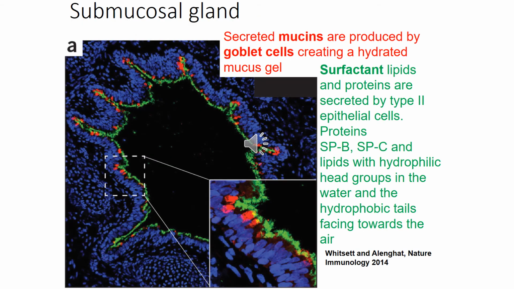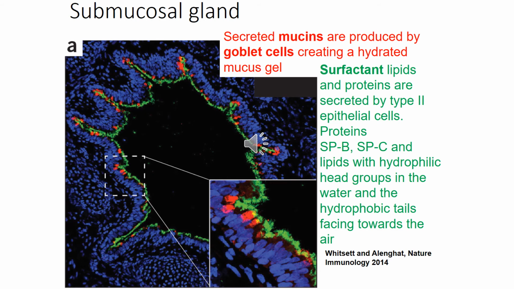So here's a close-up picture of a submucosal gland, and in red you see the secreted mucins, and they are produced by the goblet cells situated in the gland. In green we have surfactant, and surfactant is lining the whole lung and preventing collapse, and it is constituted by lipids and proteins that are produced by type 2 epithelial cells.